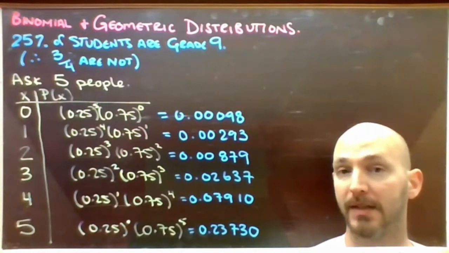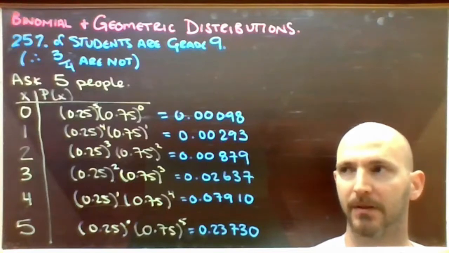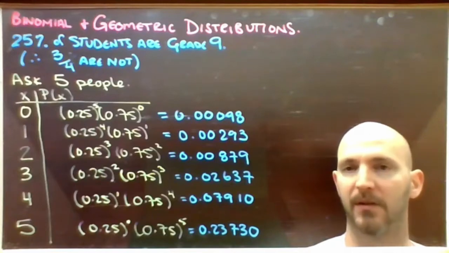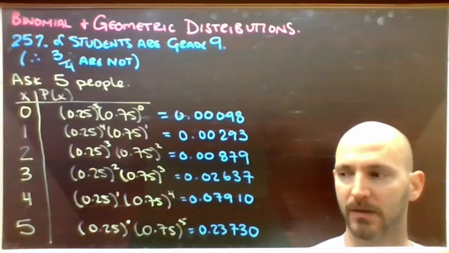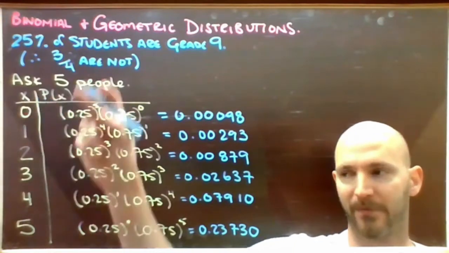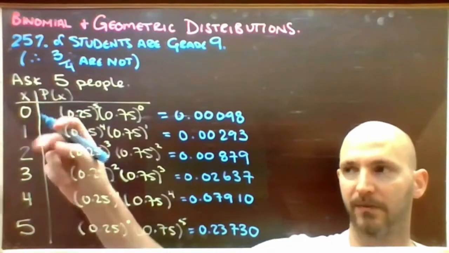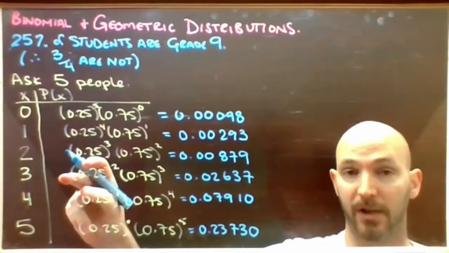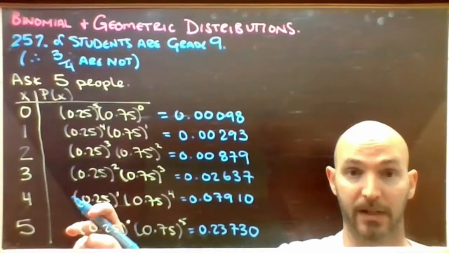Now if you look at these numbers and think about what's happened, I grabbed 5 people and I'm trying to figure out how many of them are in grade 9 and how many are not. If you grab 5 people, either 5 of them are in grade 9, 4, 3, 2, 1, or none of them are in grade 9.